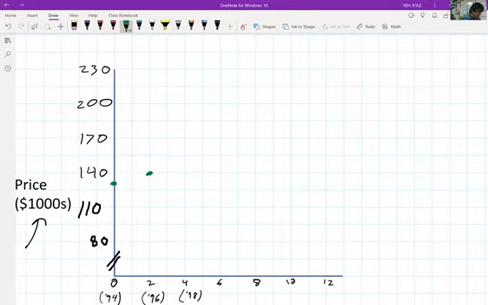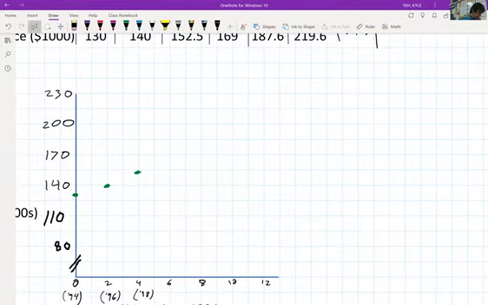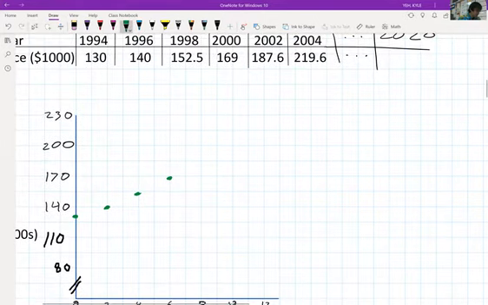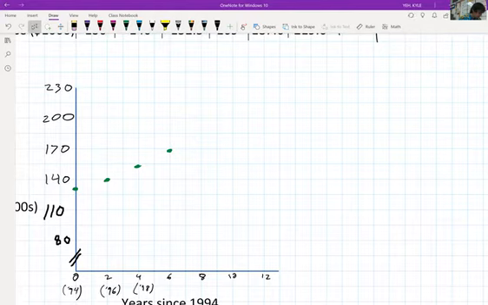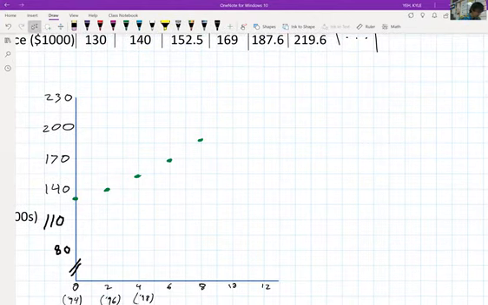So almost to that 155, right about there. 2000 was 169. 2002, 187.6, right about there. And then 2004 was almost 220. So I'm going to put it right about there.